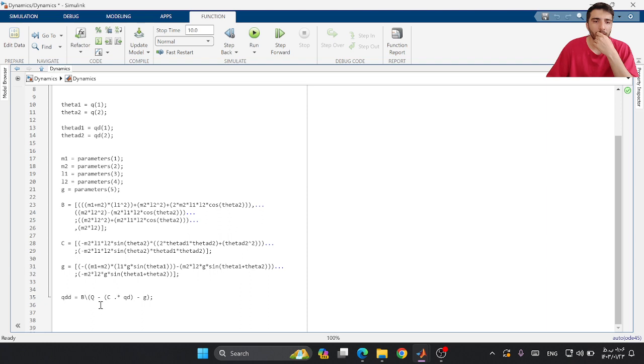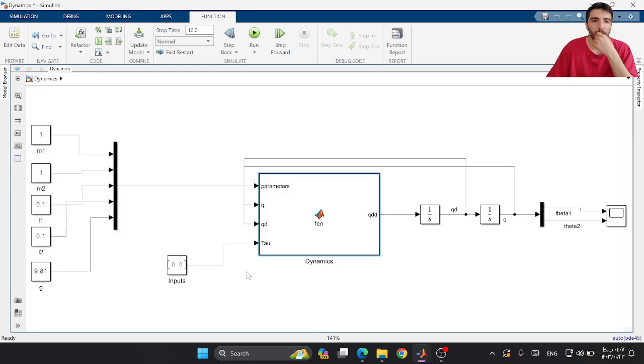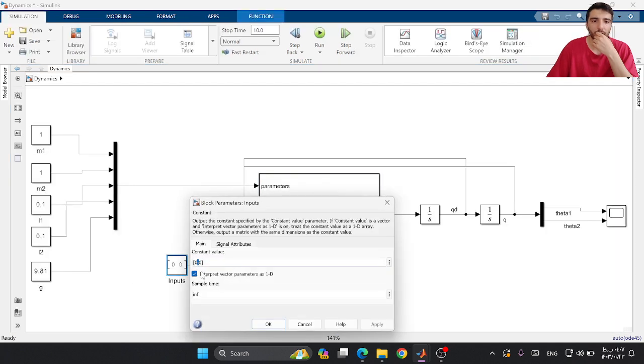Q minus C Q dot. C Q dot, the first term has to multiply Q dot 1 and the second one has to multiply Q dot 2. So let us change the inputs.